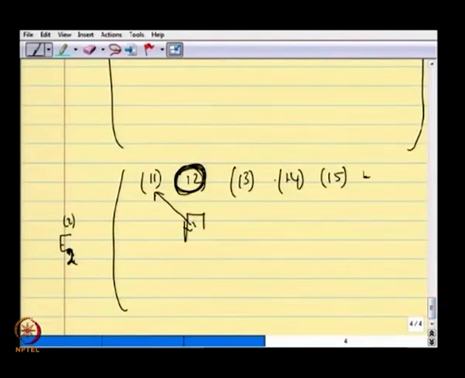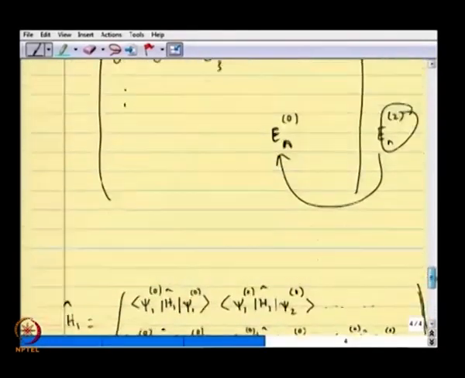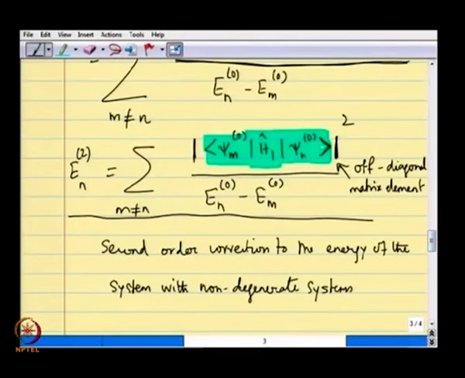We are looking for correction to this term En2, but it does not stop with that. It is also looking at the corrections to this is the next term in the summation. If you look at it, m cannot be 2 but m can be 3. So 2 3 will be there. When n is 2, m can be 1, 3, 4, 5 etc. If m is 3, we have 3 2 divided by 2 minus 3.